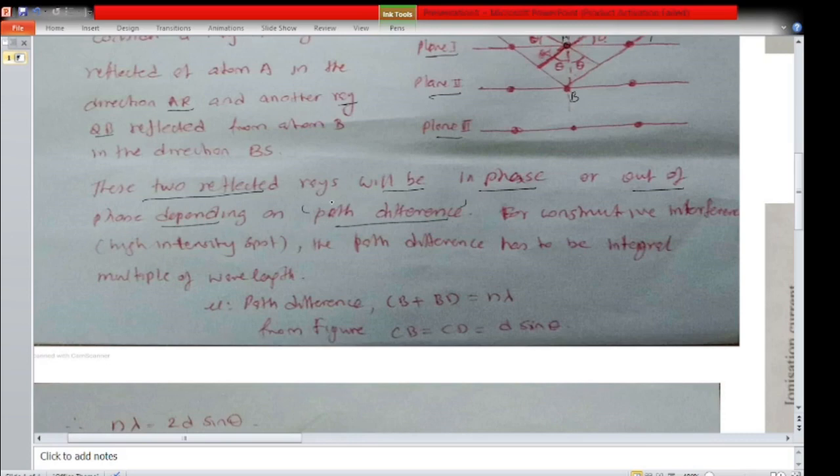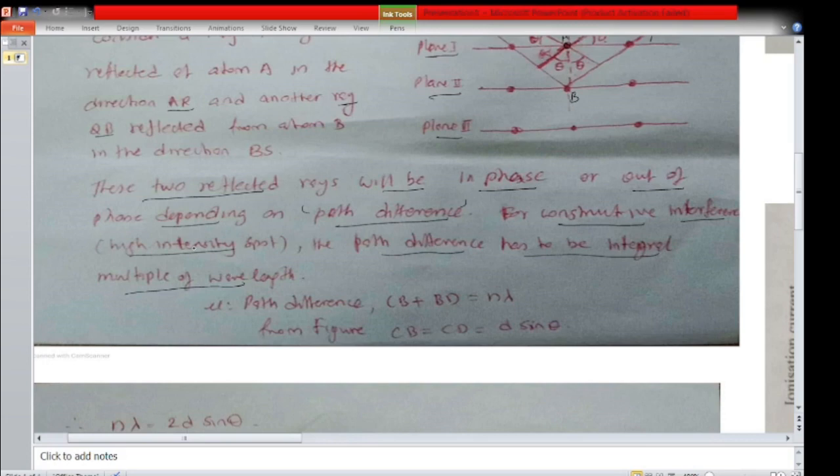Why do we have to talk about in phase and out of phase? Because when they are in phase, they interfere constructively. When they are out of phase, they interfere destructively. So for constructive interference, which means to get a high intensity spot, the path difference has to be an integral multiple of the wavelength.